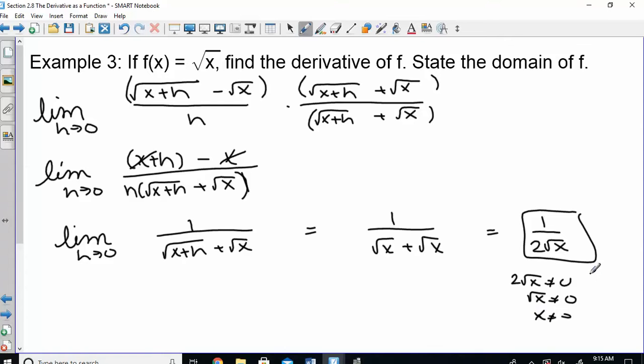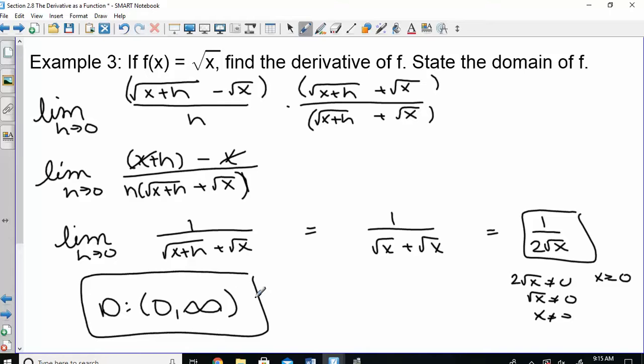We also know that if it's under a radical, what has to be true about it? So x has to be greater than or equal to 0 because it's under the radical. But it can't equal 0 because it's on the bottom. So our domain is just parenthesis 0 to infinity.